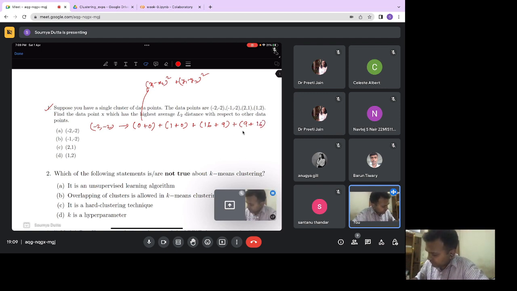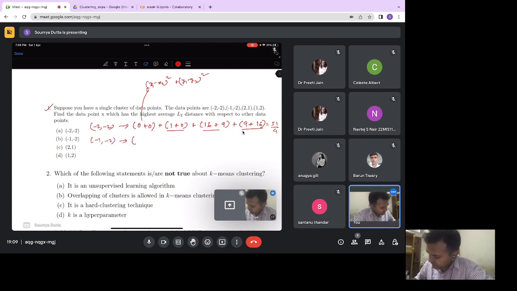Okay, so this turns out to be 25 plus 25, 50, 51. So 51 by 4 is the average L2 distance with respect to the other points when we consider the point -2, -2.